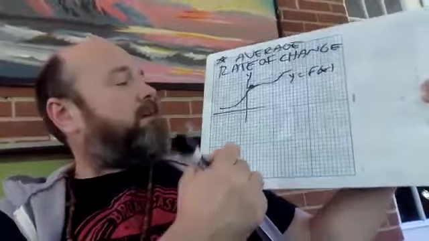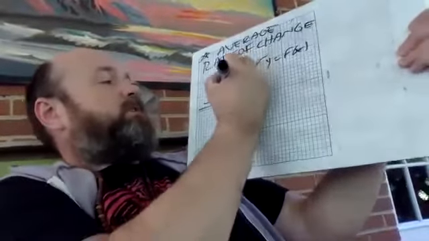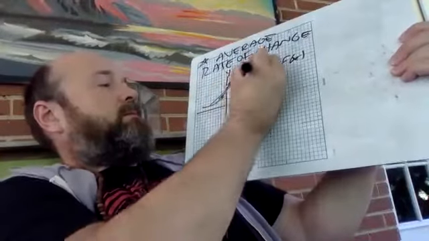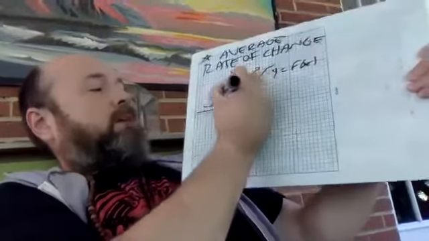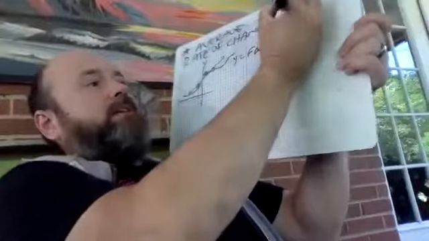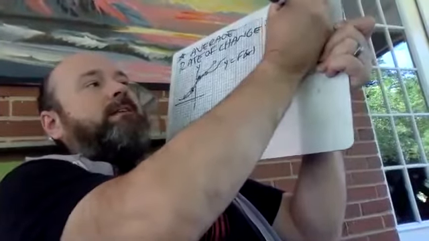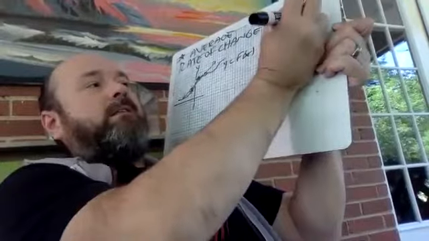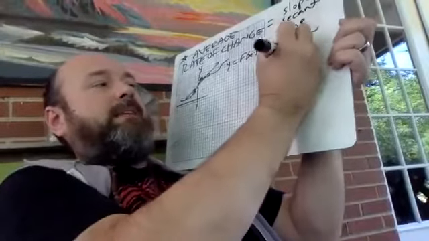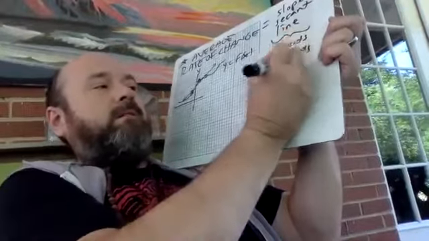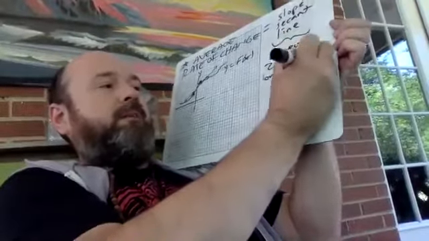Soon. The average rate of change is going to be equal to, as you'll remember from a previous lecture, the slope of a secant line. A secant line is a line that connects 2 points on a curve or shape.